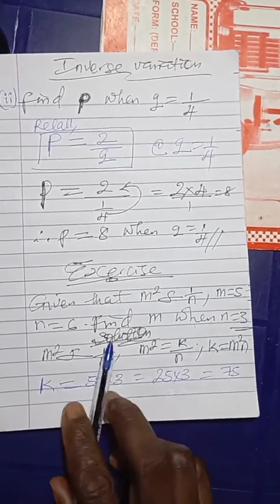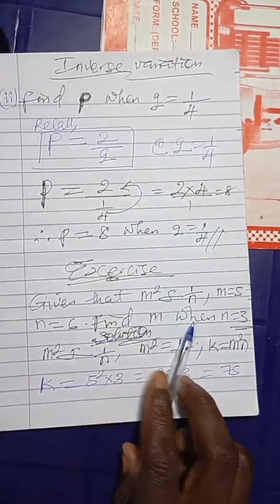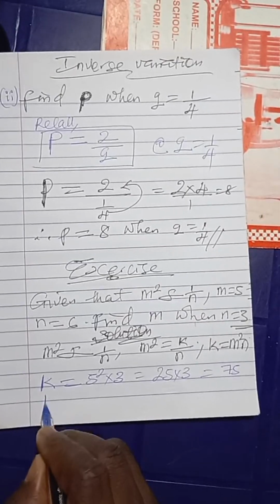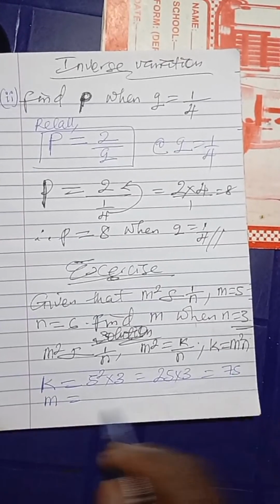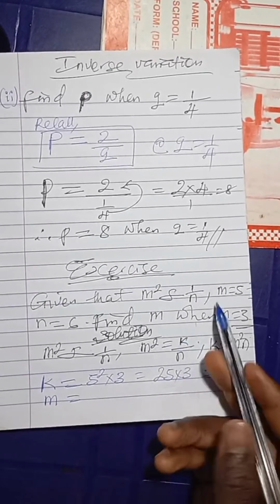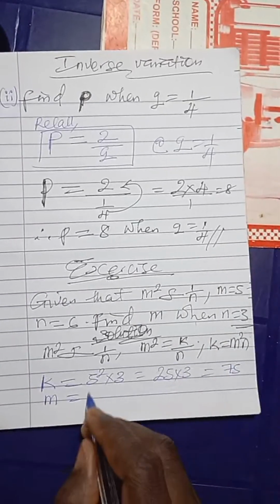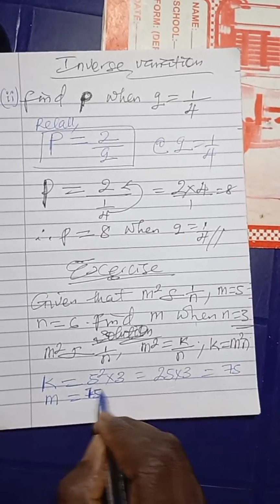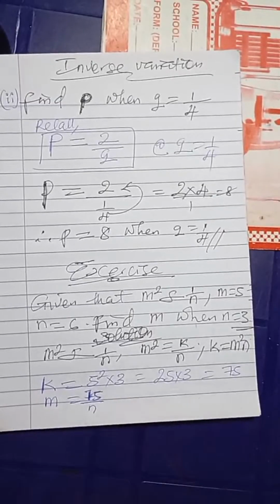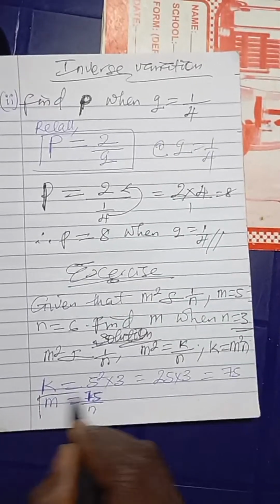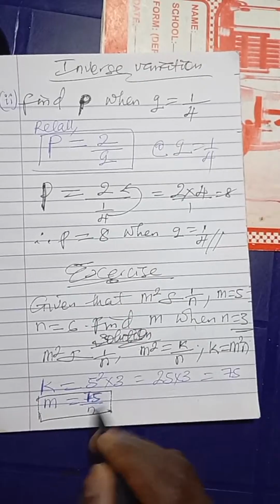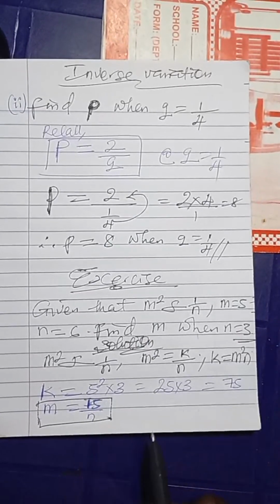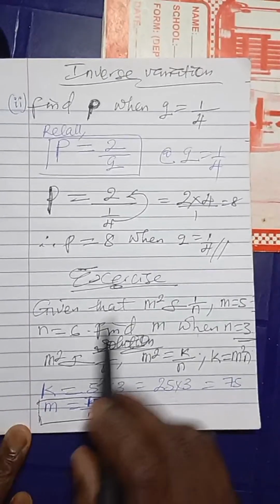But they said find M when N is 3. Look up. So our M here will be, remember, go back to this place to have your K, which is 75 now, over N. This is our relationship that I have posted like this. Now to find our M, I don't want to open another page. Let's just finish everything here.